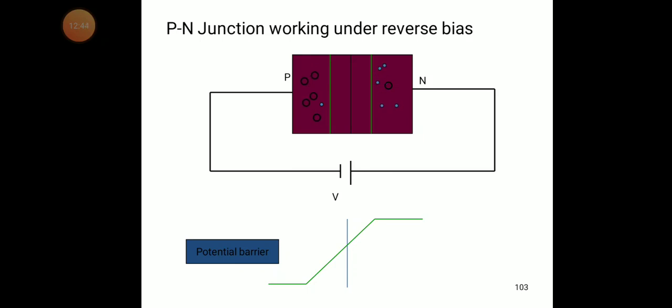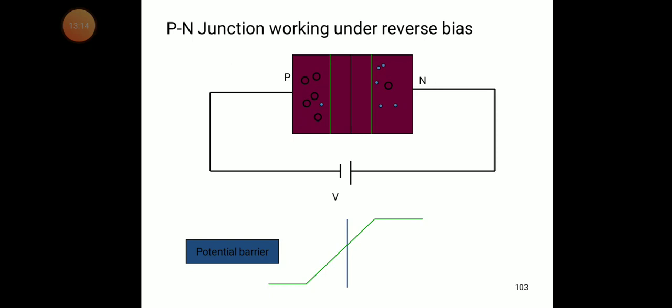Why? Because you can see the diagram. The negative terminal of the battery attracts the holes toward the battery. The positive terminal attracts electrons toward the battery, so the number of free charge carriers at the junction decreases and the depletion layer increases, so there is no current flow through the junction.